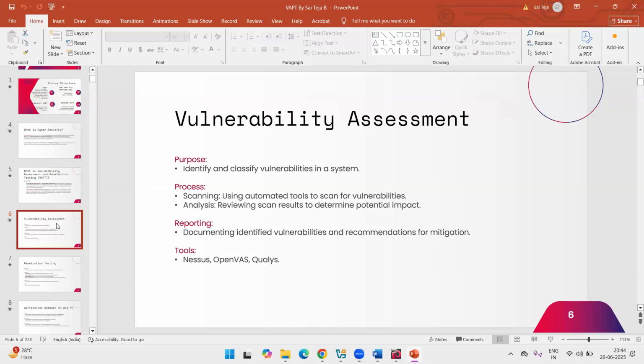When you have regular vulnerability scans, you will get all the known vulnerabilities, and then we will take which one needs to be fixed first by looking at the severity and the impact of the issue, and then we'll start working on it.